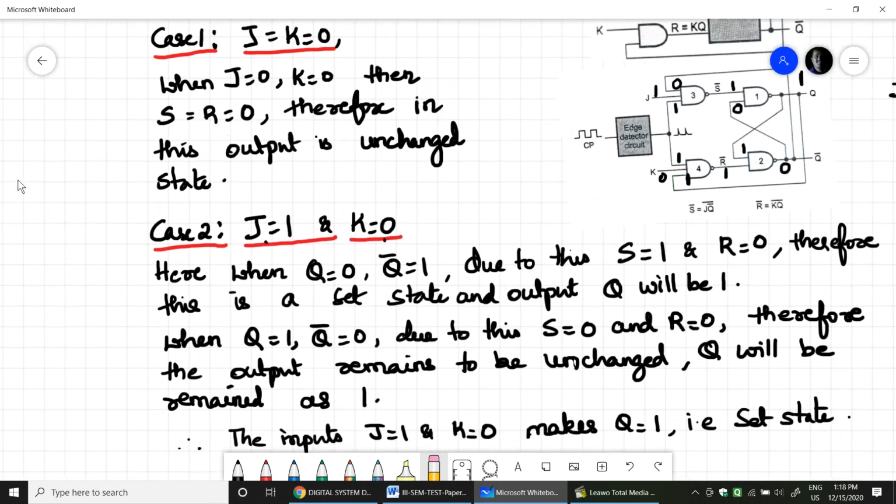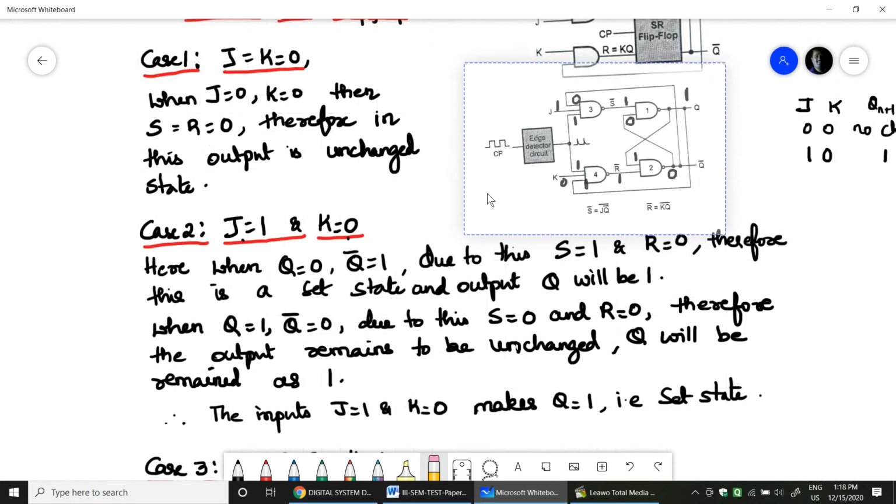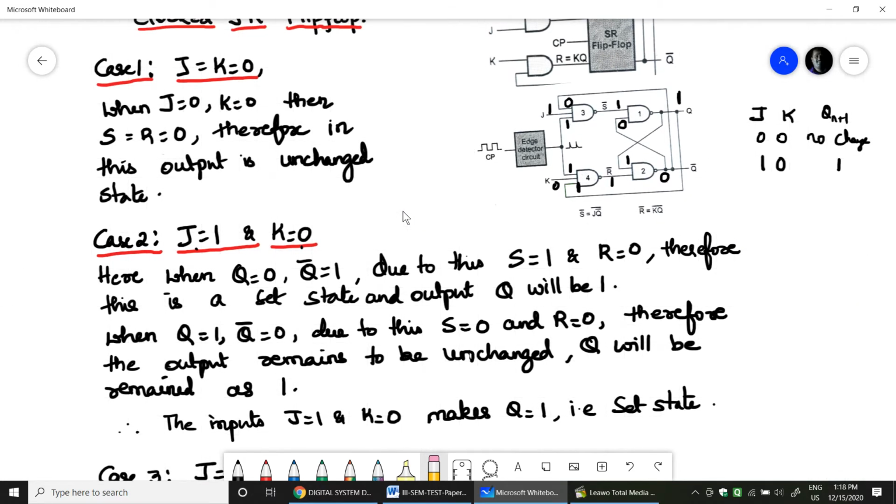So let us look into the network diagram again. We'll erase this and say J is 0 and K is 1, and clock pulse is applied.